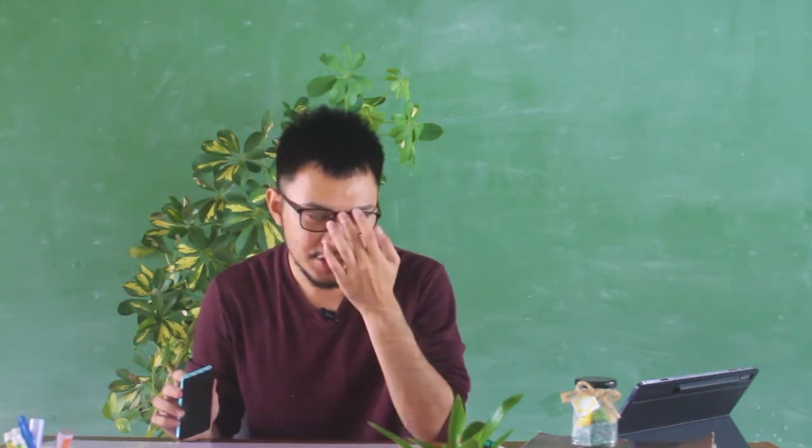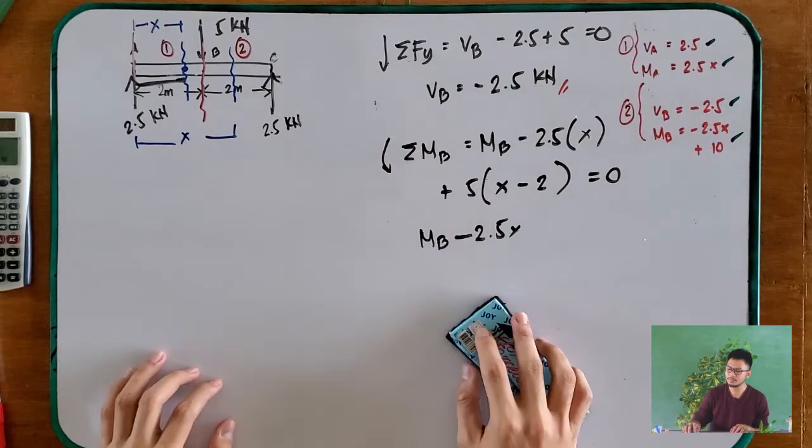Okay, unsa man nato ni pag-graph. So, kaya diba ang atong goal is to solve for the shear and moment equations and diagrams. Not only we are going to create equations, which is this one, we also have to create diagrams. Now, sir, question.